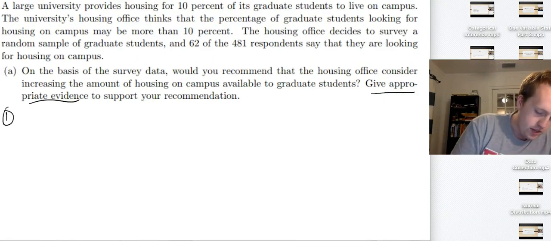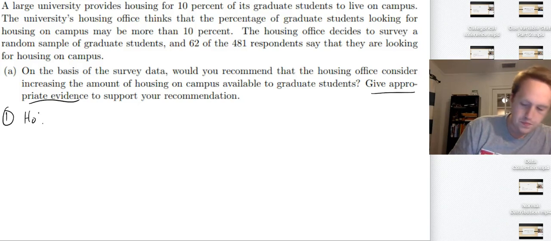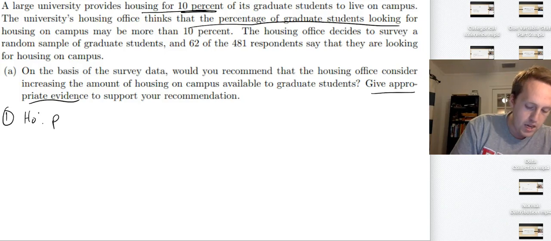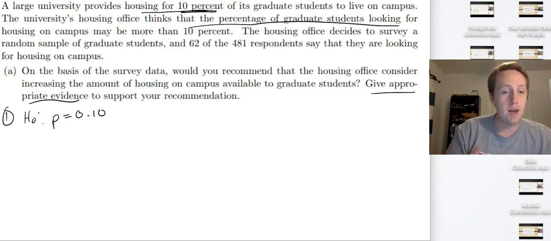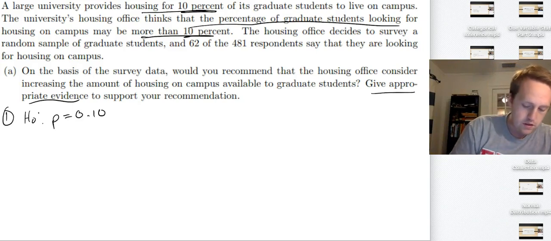So first, I've got to state the null hypothesis. They think the percentage of graduate students looking is, they provide 10%, right? So H0 is that p is equal to 0.10. The housing office thinks that it might be more than 10%. So HA is p is greater than 0.10.